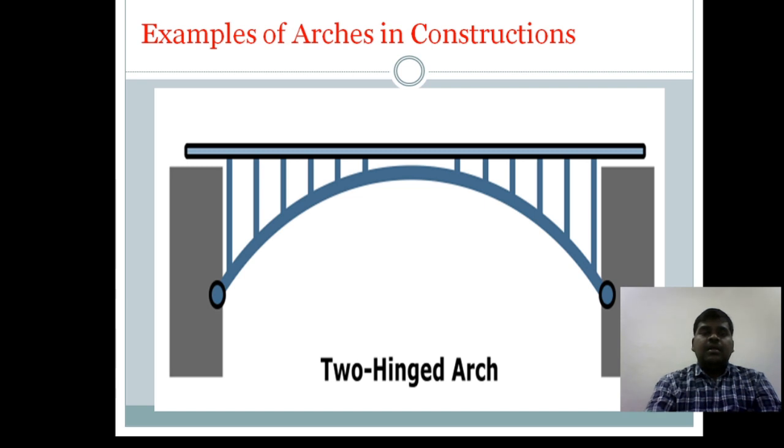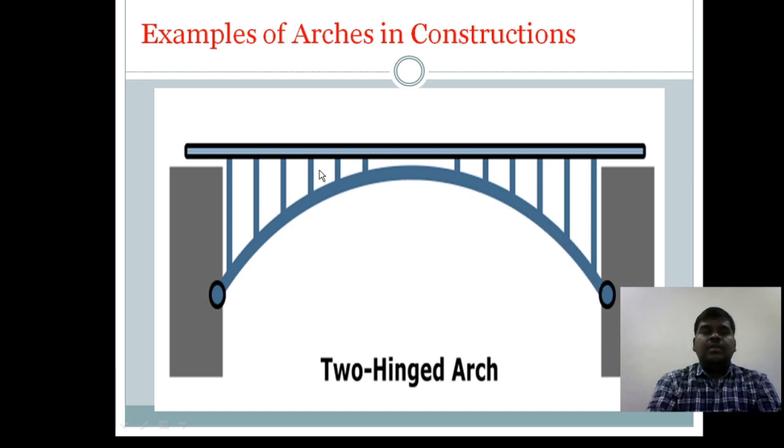Next, we have a few examples of arches in constructions here. We can see a two hinged arch, how it is being constructed for a bridge. Here we have one hinge, again here we have one more hinge, no other hinges at any of the points in an arch.